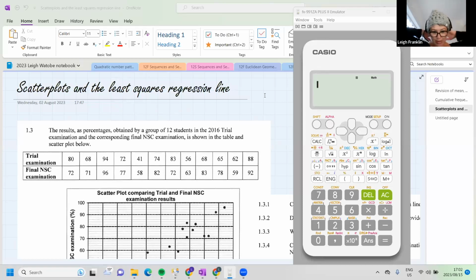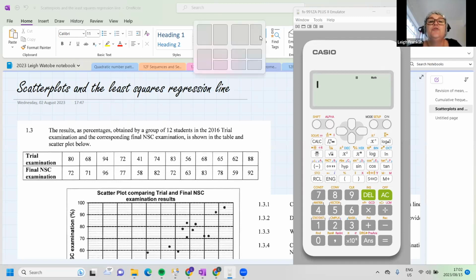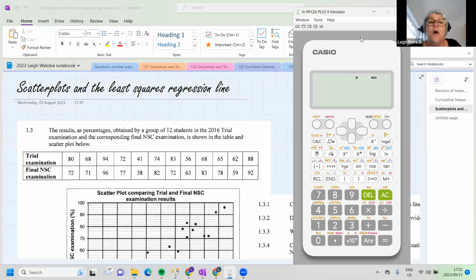So please get your calculators out. You are going to need them. I'm going to show you how to use the calculator to determine the equation of the least squares regression line. The first question asks us to calculate the equation of the least squares regression line.